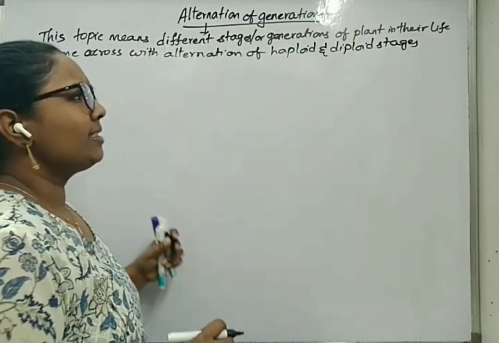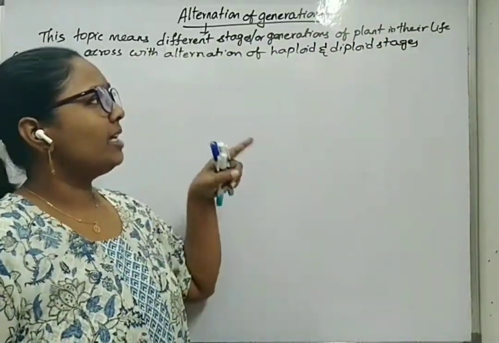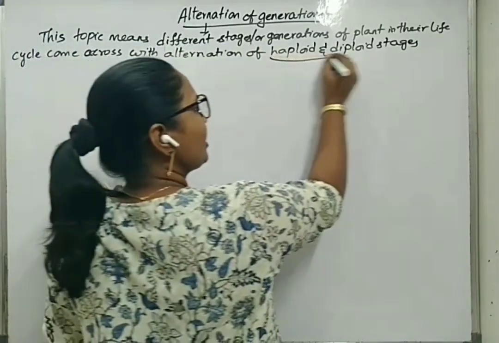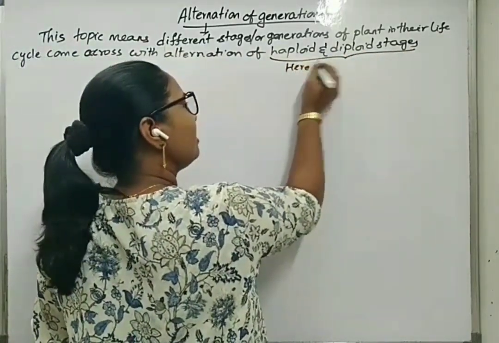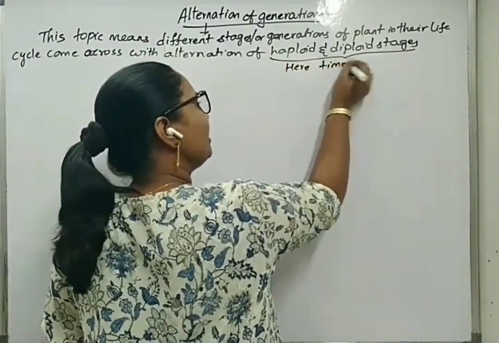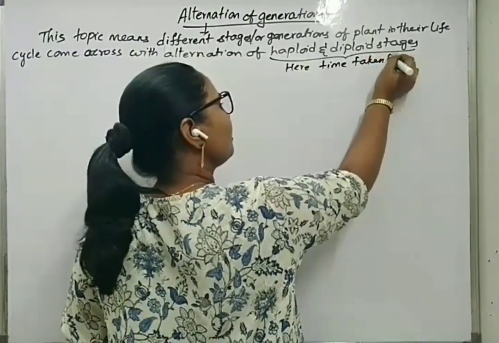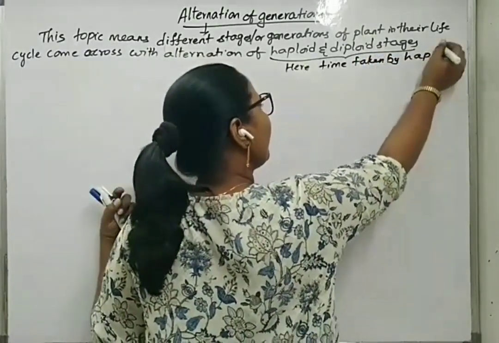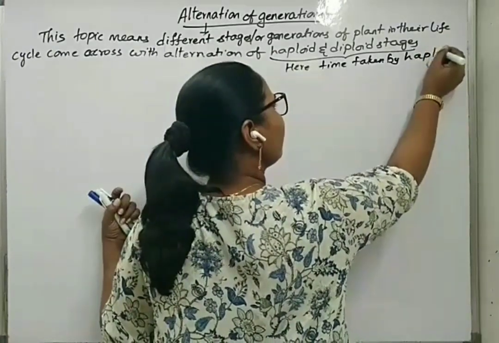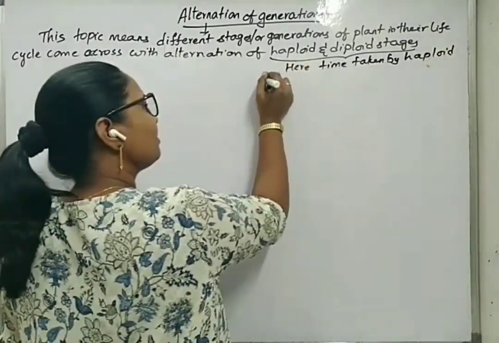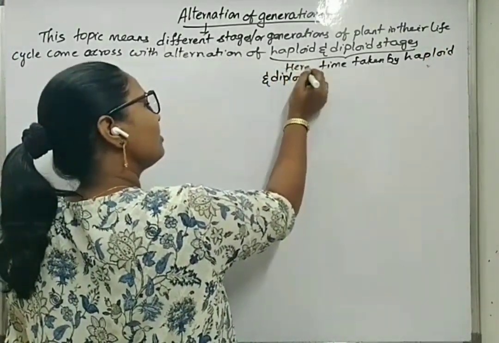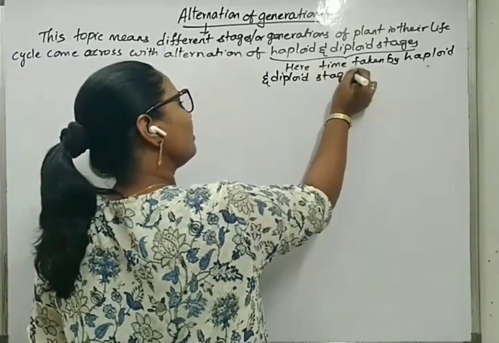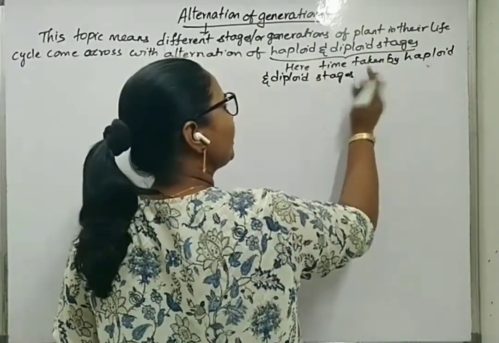It just explains the time taken by the haploid stages and the time taken by the diploid stages. The time taken by haploid and diploid stages is important.